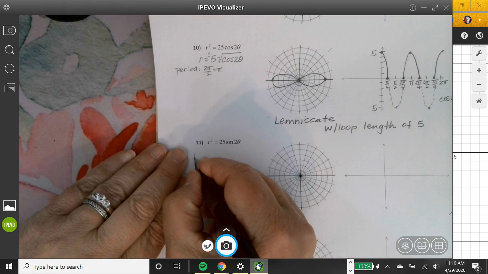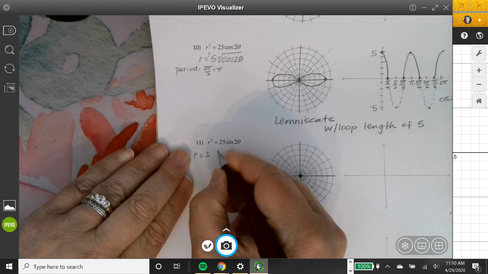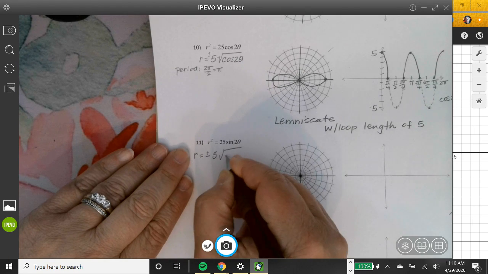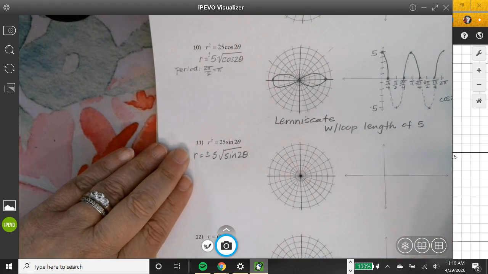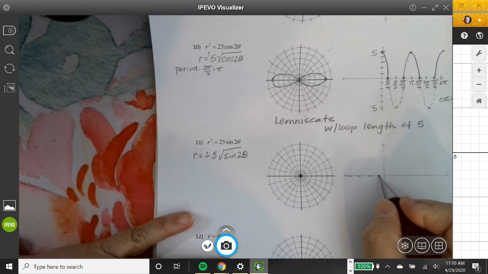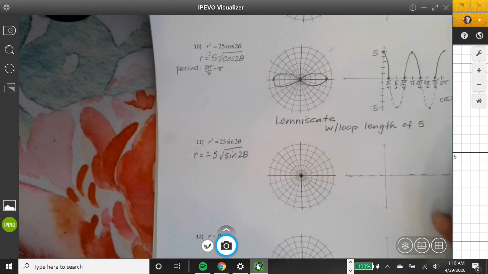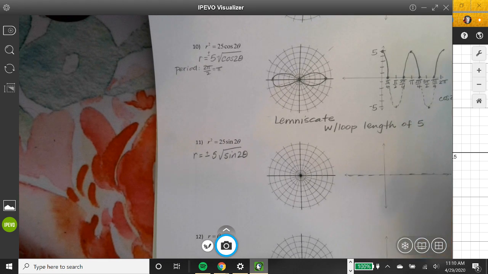So I get r equals plus or minus 5 times the square root of sine of 2 theta. All right, so we're going to do the same thing. Here's my midline. I'm going from 0, and we're going to go all the way to 2 pi because it gives us the whole curve.